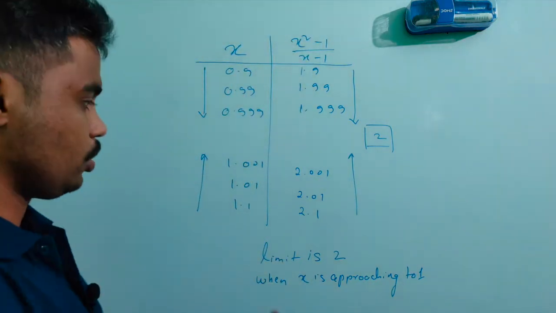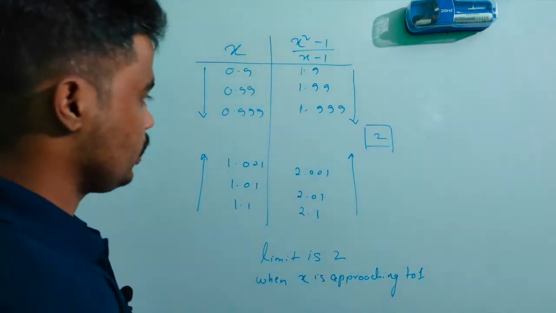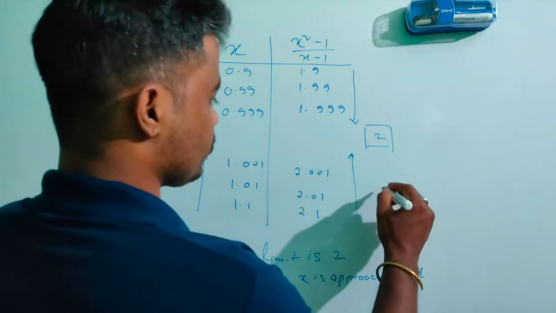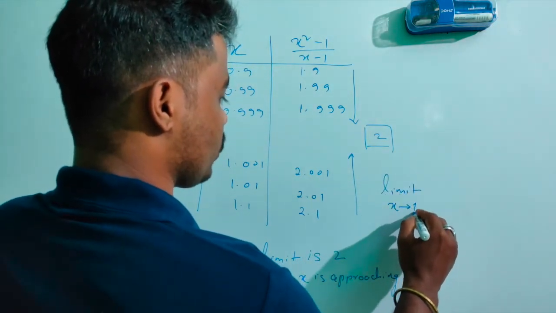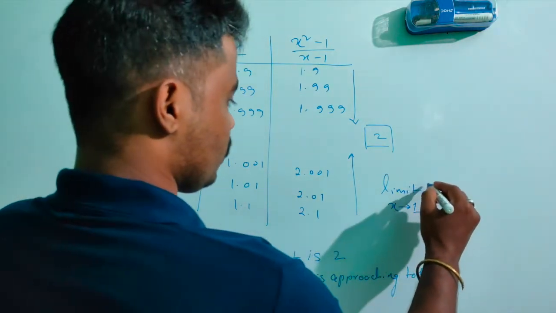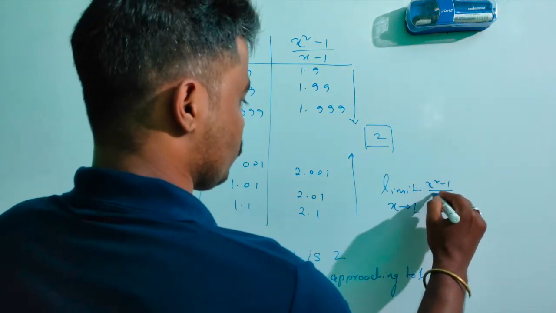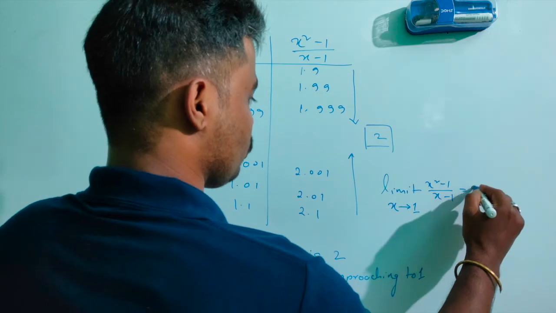Now this whole concept we can write symbolically as limit x tends to 1, x square minus 1 by x minus 1 equal to 2.